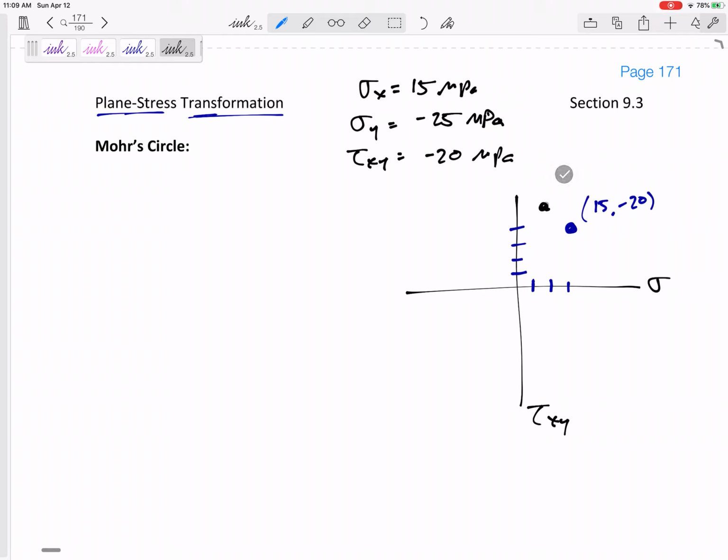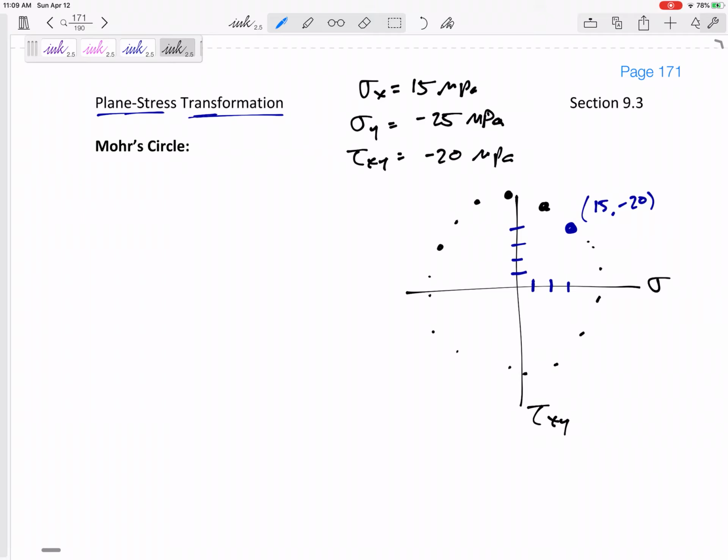And at another 20 or 30 degrees counterclockwise, it might be right here. What if I kept on looking at new angles, at new orientations? My stress might look like this.